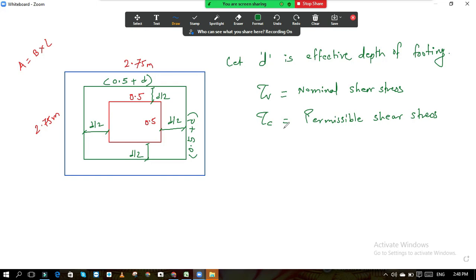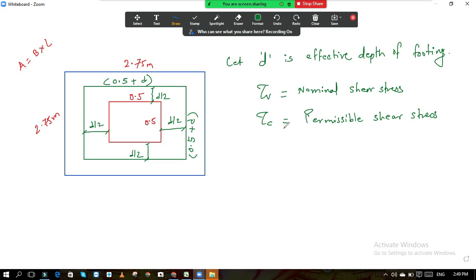All tau c values are always given in the IS code, and tau v we always calculate. How do we calculate tau v? Tau v is the shear stress, equal to shear force divided by area of shear, that is Vu upon Bd.